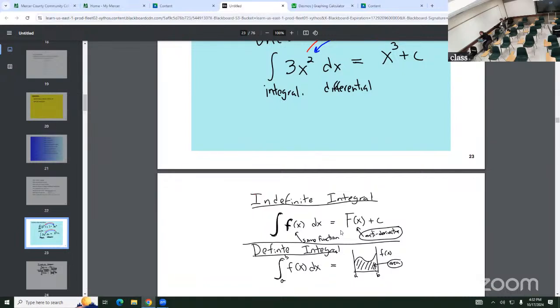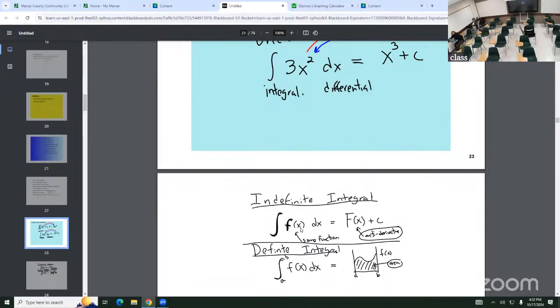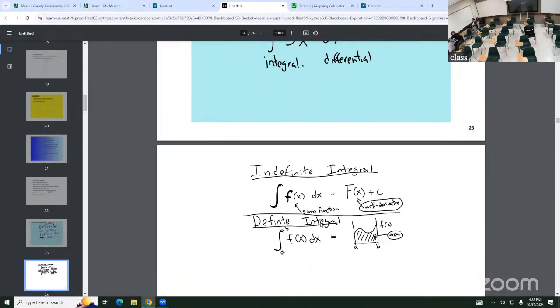If you read this, I expect you to say the integral of f of x dx equals the antiderivative of f, plus c. You have to be careful not to say f of x twice, so the second one you have to say the antiderivative of f.